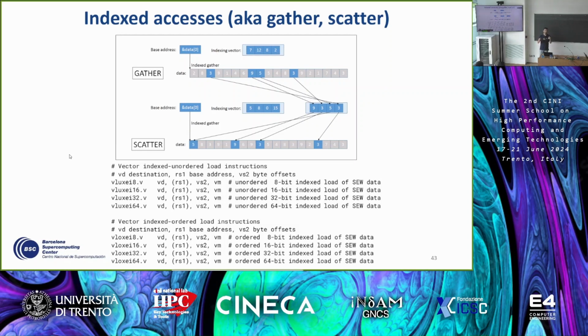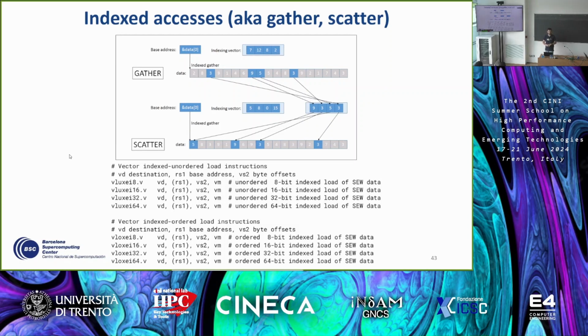So it can be an arbitrary pattern of accesses. It can be very useful if you have a stencil, for example, and you have to gather data at different distances. So these kinds of accesses are very useful.